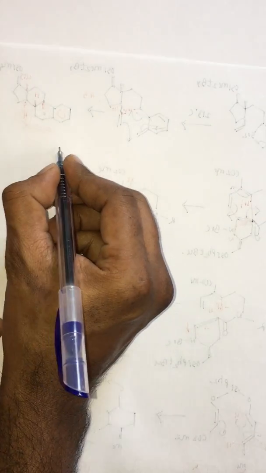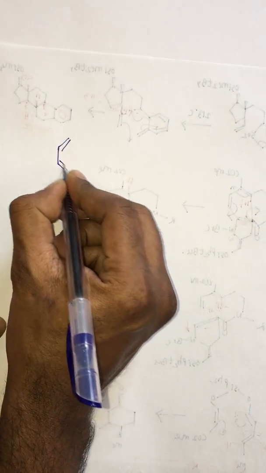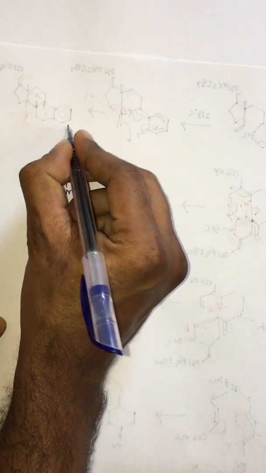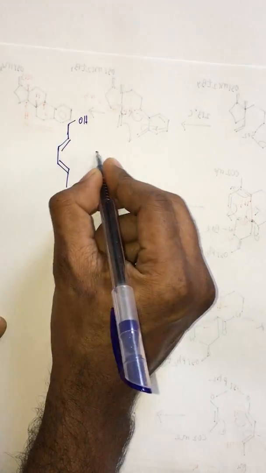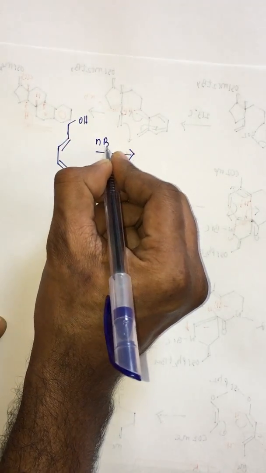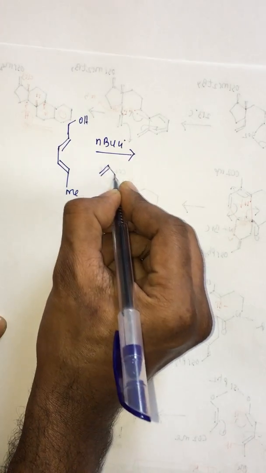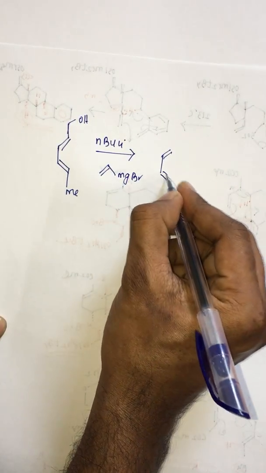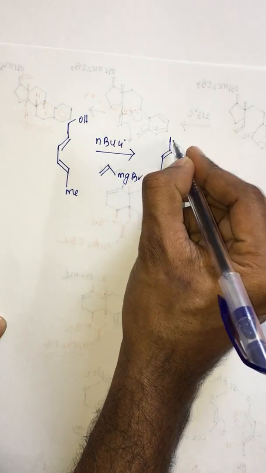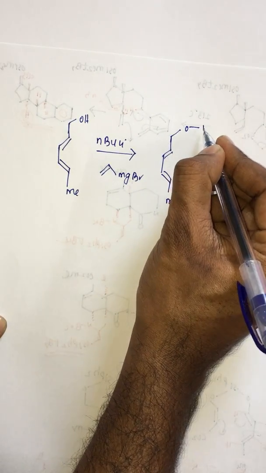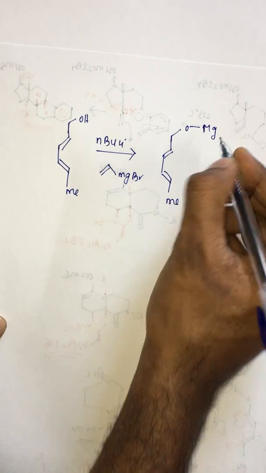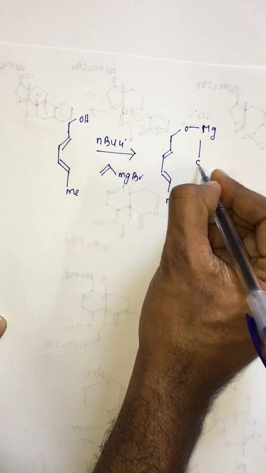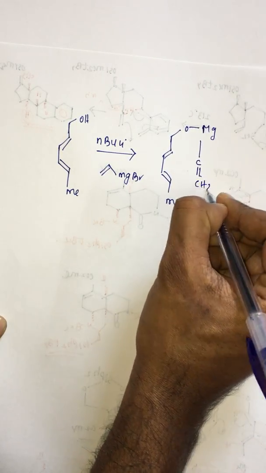And one last example we have here. This, upon treatment with n-butyllithium and this Grignard reagent, we'll get Mg, C double bond CH2.